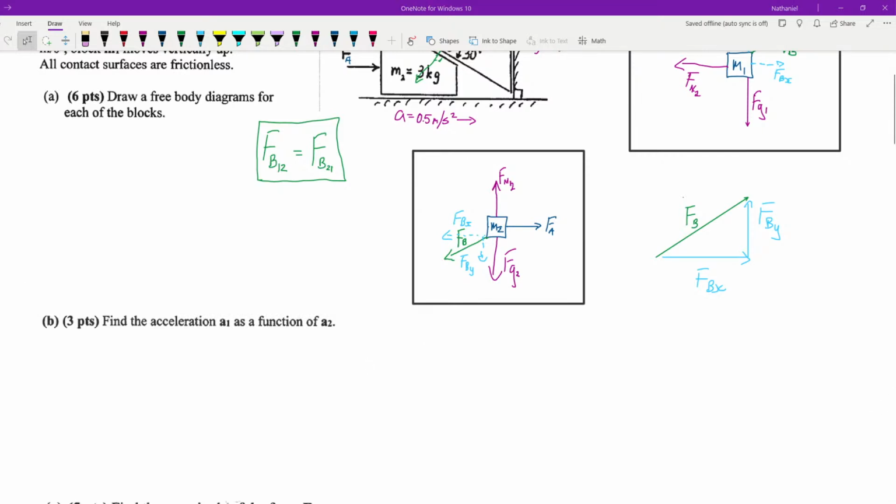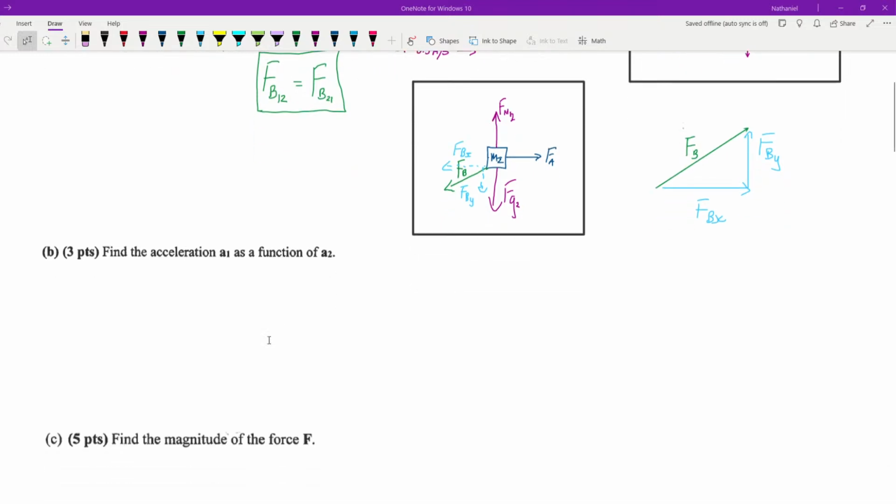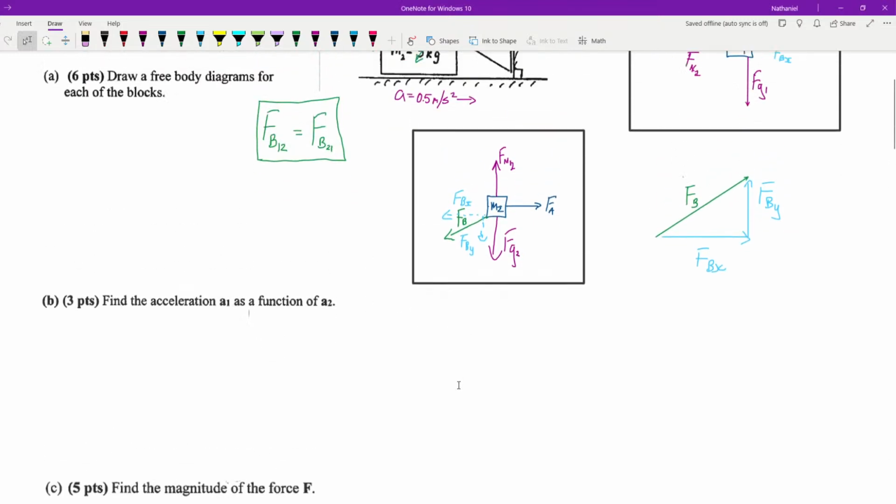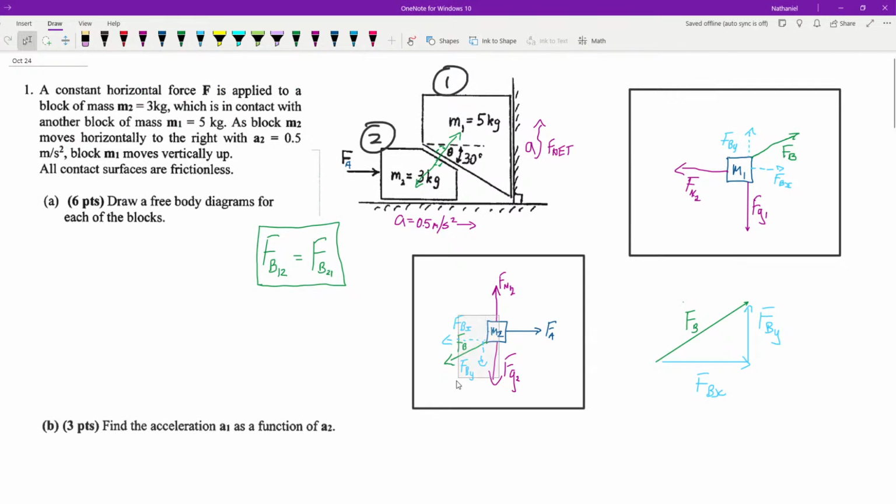Find the acceleration A1 as a function of A2. So we're going to have to start to bring these together. FB is going to be our connection. I think that's about it, right?